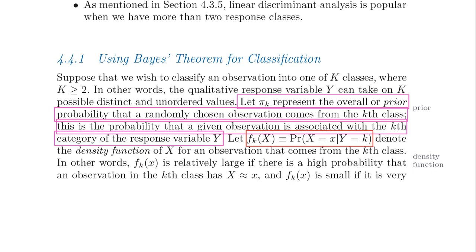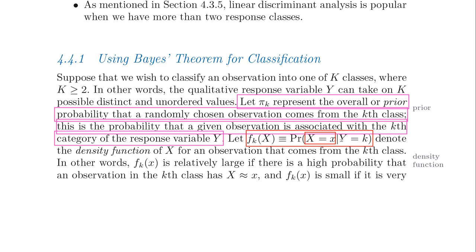Seizure, stroke. Now what is this? This is the probability that x has these characteristics. Remember, very often it's going to be a vector, given y equals k.